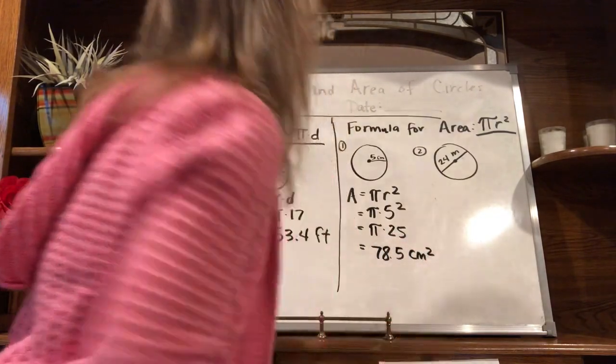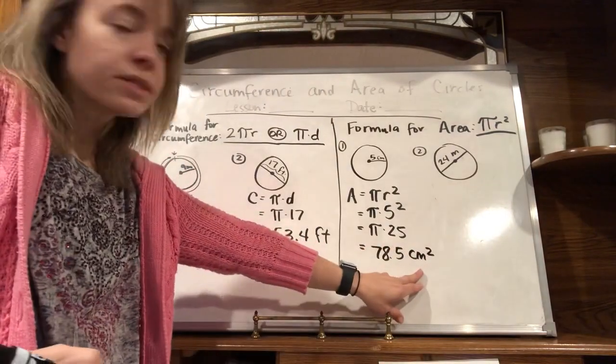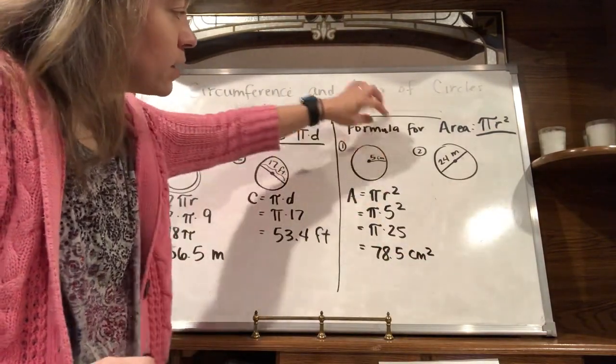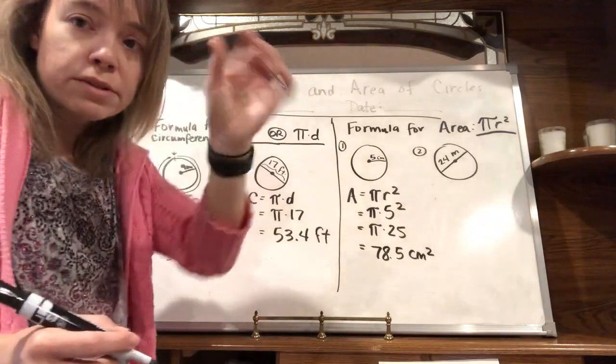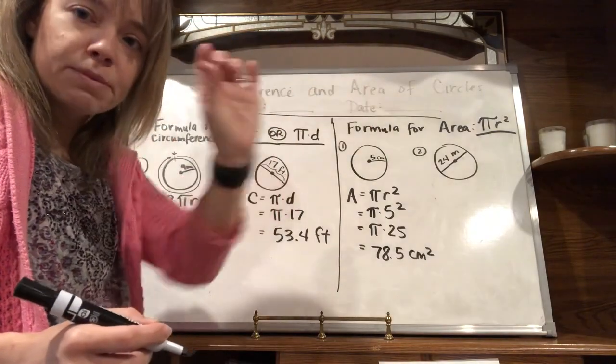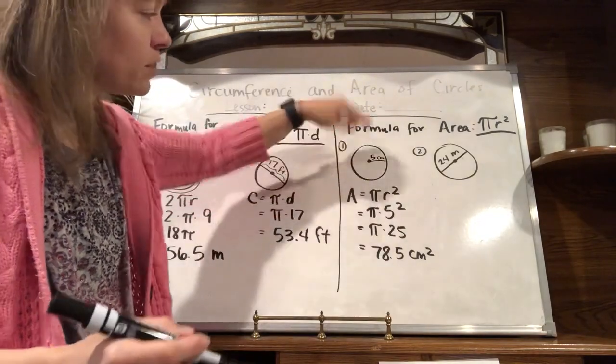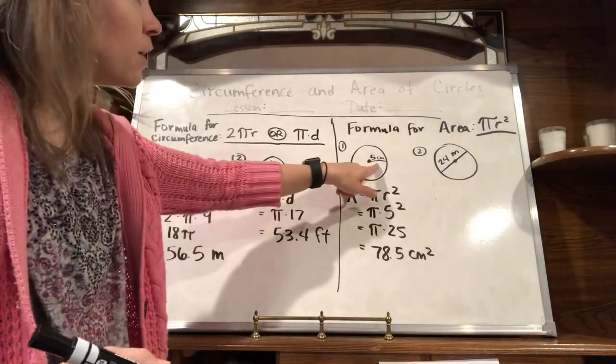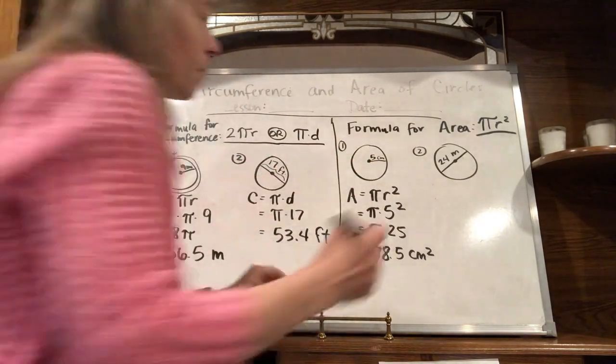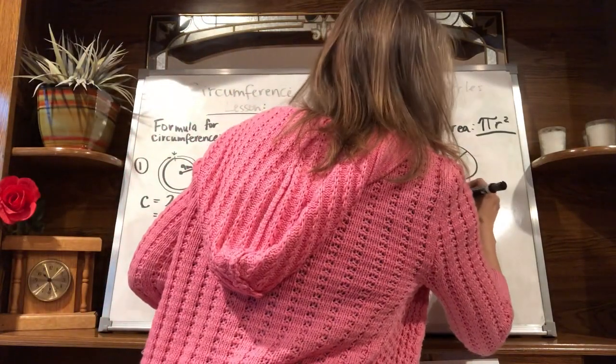This one should be in square units because the area inside would be the little squares of centimeter by centimeter. So 78.5 square centimeters should fit into that circle. That's 5 centimeters radius.